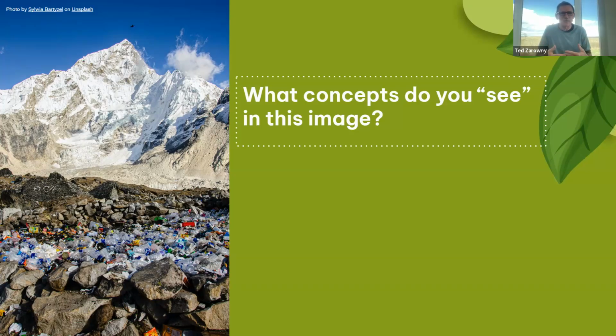We look at this picture, for example, and you may see concepts come out at you, such as some that are very visible, such as waste. But if you look a little bit deeper, does this picture also show interaction between humans and the environment? Does this picture show climate? Does this picture show landform? It shows all those things, and that's the idea of the concepts.